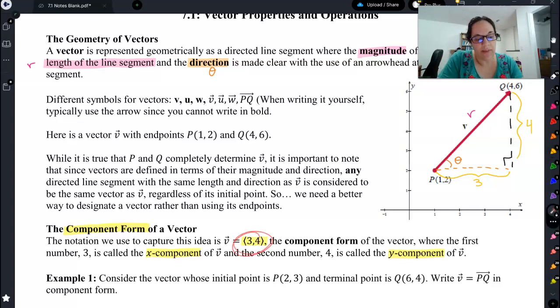So that's why we can write this vector like this, 3, 4. So I could take this vector that's 3 and 4 and move it around to anywhere I want, and it's still the same vector. And then instead of parentheses, we use these pointy brackets to show that it's a vector that goes 3 in the x direction, 4 in the y direction, and that's how we get that vector.